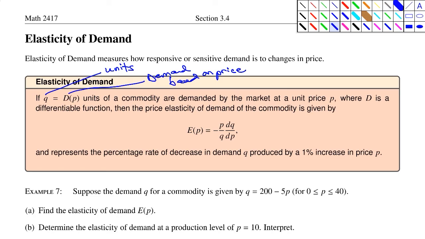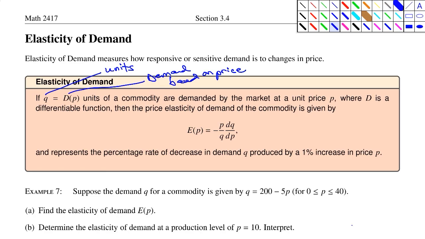Let's pick it up. Where D is a differentiable function, then the price elasticity of demand of the commodity is given by this function. Now I'll give you this function on a test, so you do not need to memorize this, but it is E of P, so E is elasticity. E of P is equal to negative P over Q times dQ dP.